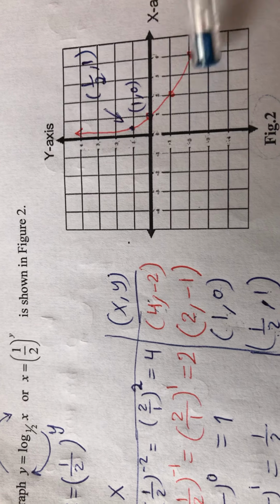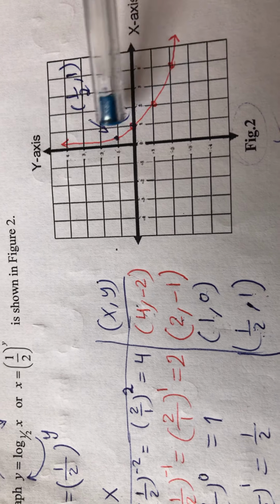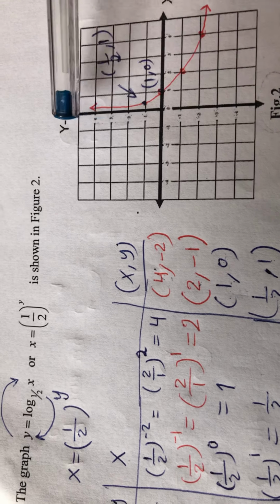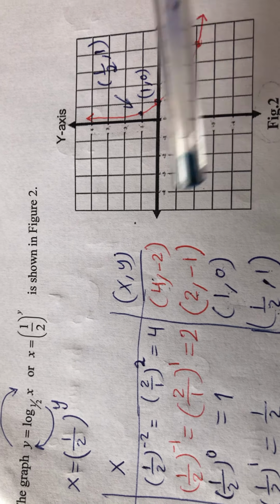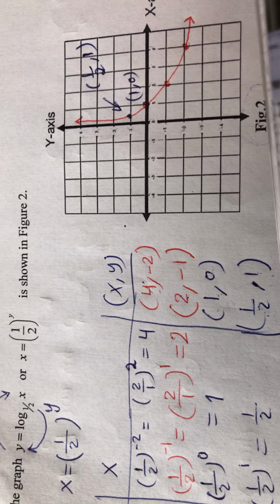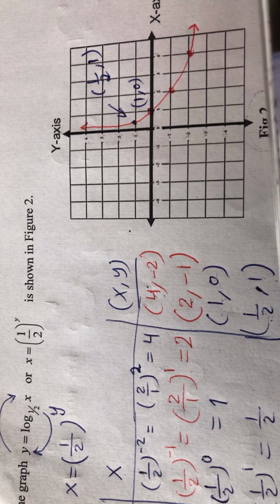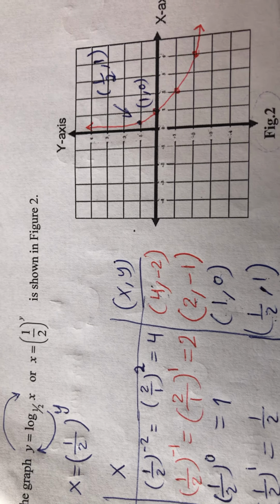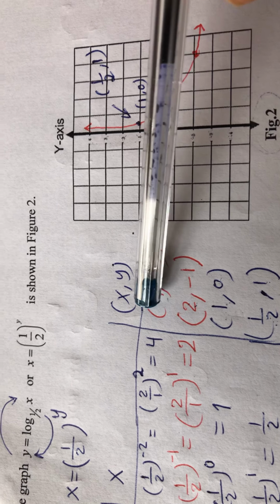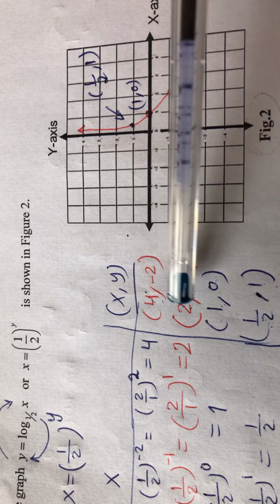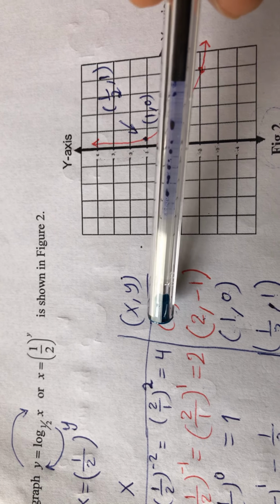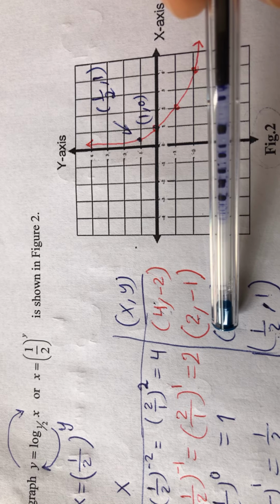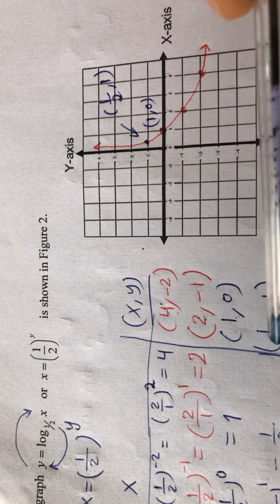So we will get a smooth curve like this. If you look, this graph is decreasing. Why? When x is decreased, y is increased. Here x is 4, 2, 1, 1/2.